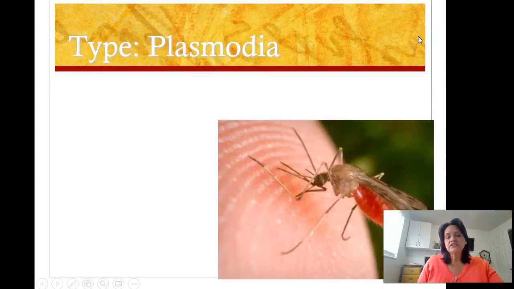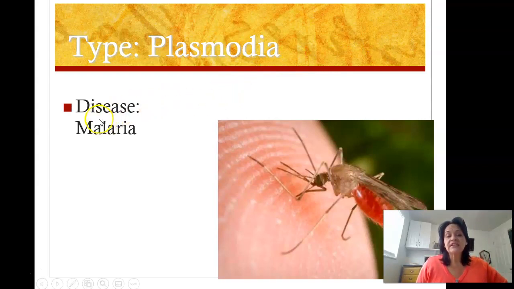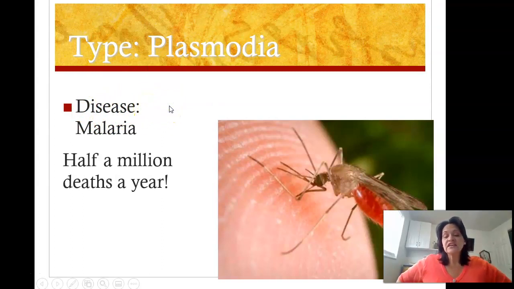So the most common one for you to remember for this would be a plasmodia, and the plasmodia is transferred through mosquitoes. And it causes the disease malaria. It is thought to be the deadliest disease over all of human history.